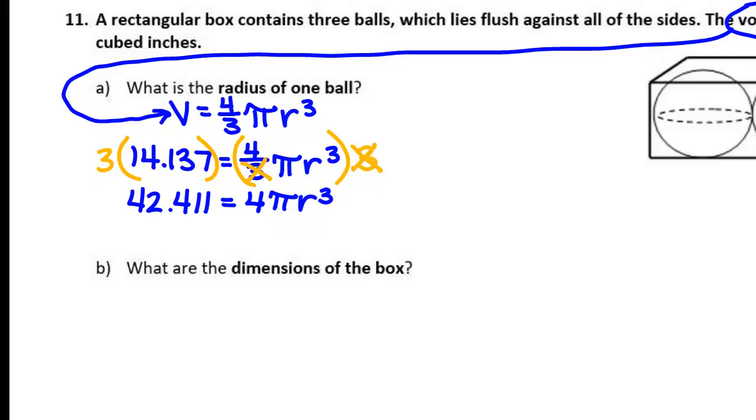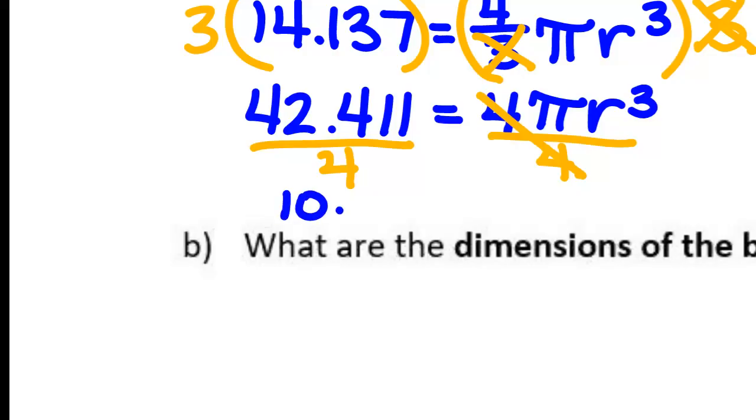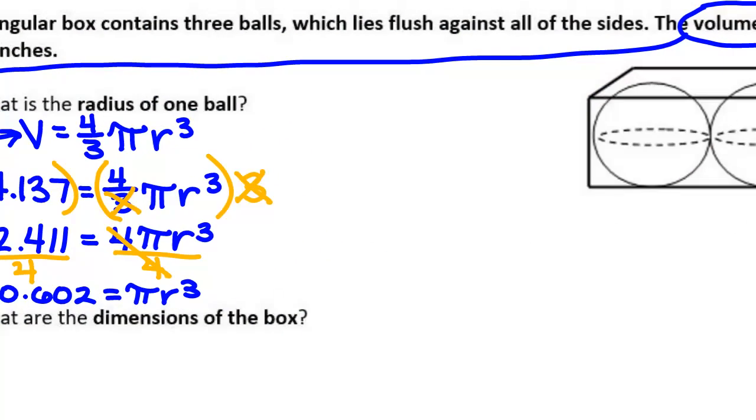Then I would want to do what? Yep, divide by 4 on both sides. What is 42.411 divided by 4? 10.602 equals pi r cubed.